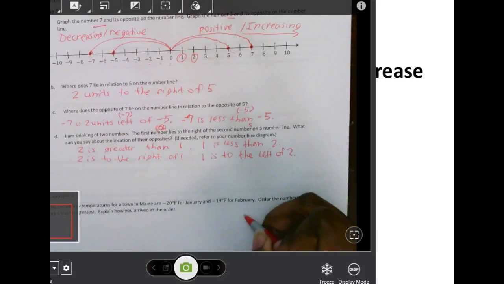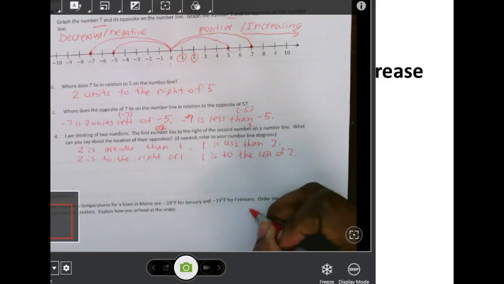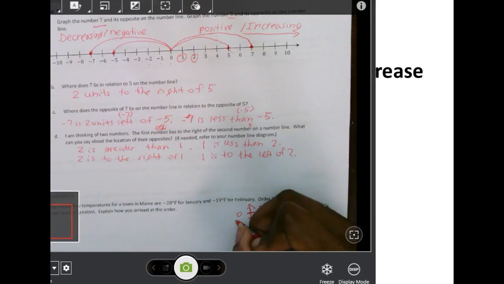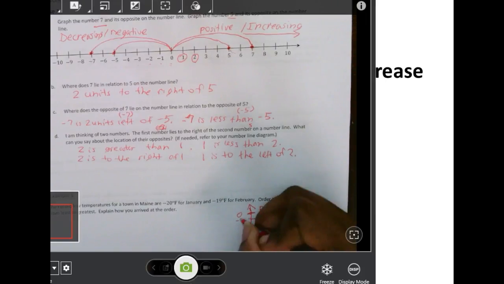Because it goes from negative 20 to negative 19, let's use a portion of the number line to answer this question. So if we represent positive numbers here, and we're going to use negative numbers all the way below the line. So this is 0. And this is negative 2, negative 4.